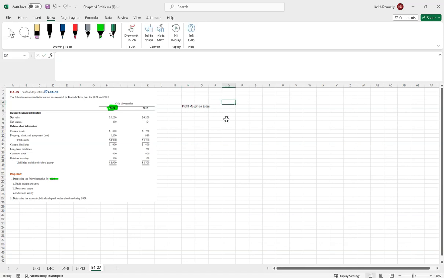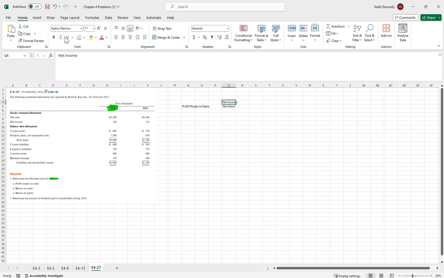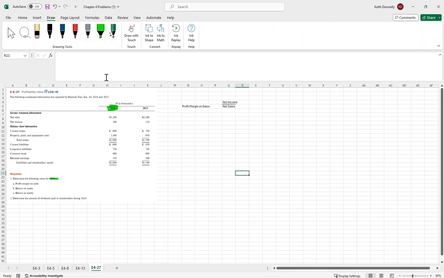Right, so the equation for this is the ratio: net income over net sales. If we go down here, this is for 2024, so we're going to do net income 180 over 5,200.